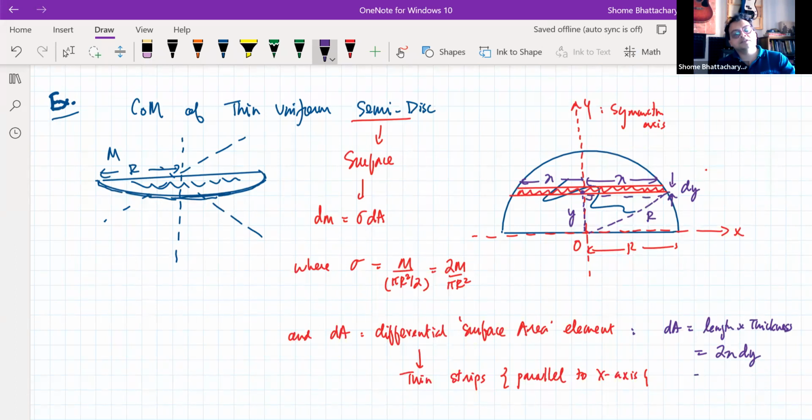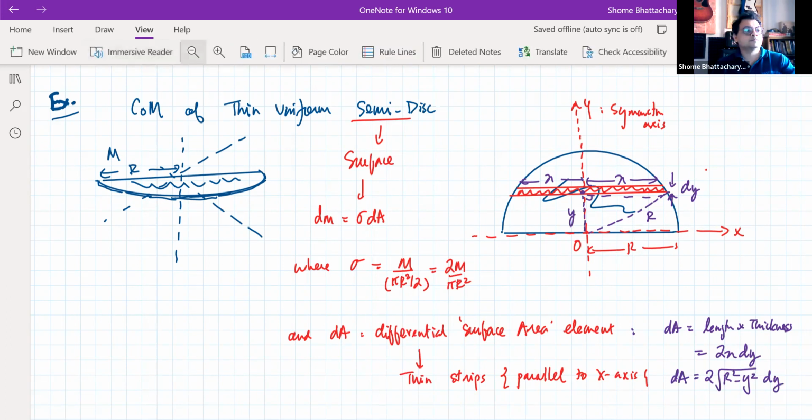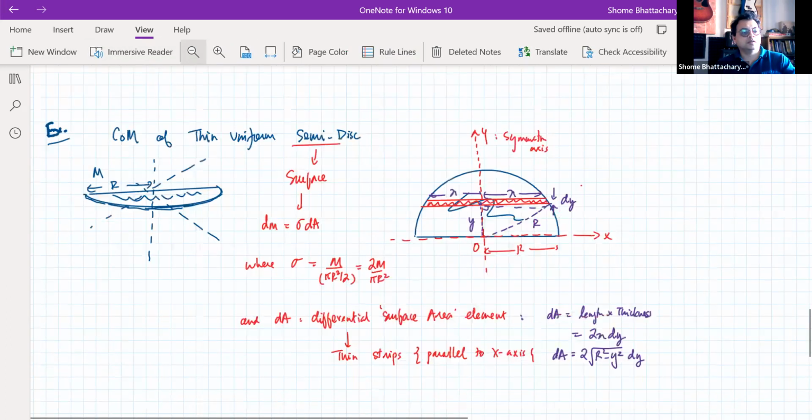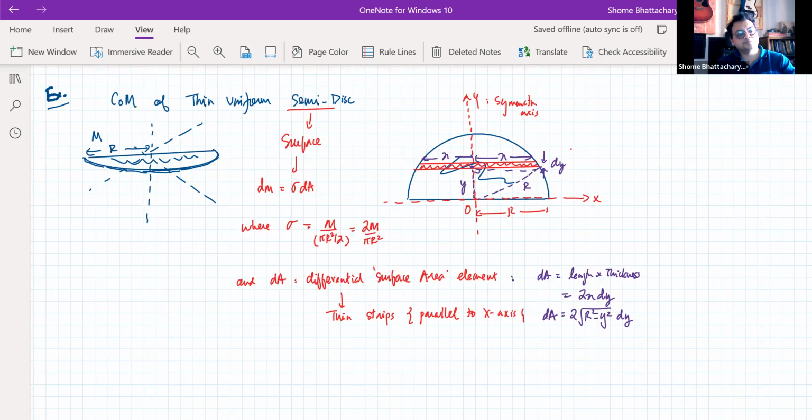Okay, so this is the area of that strip. So mass of that strip, sigma dA, becomes 2m upon pi r square into 2 times square root of r square minus y square dy.